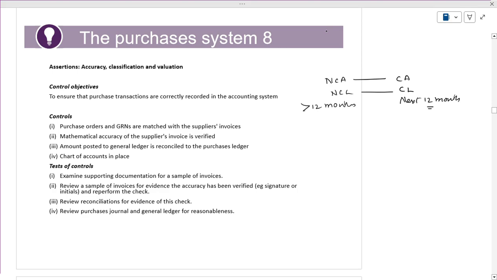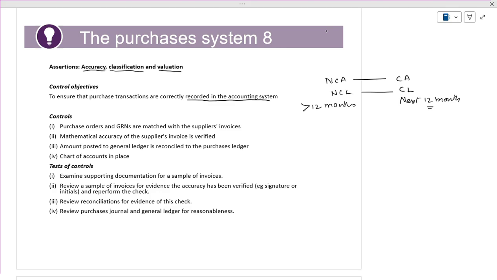Fine. What is accuracy? We are talking about three things: accuracy, classification and valuation, to ensure that whatever purchase transactions are correctly recorded in the accounting system. We want to know accuracy.